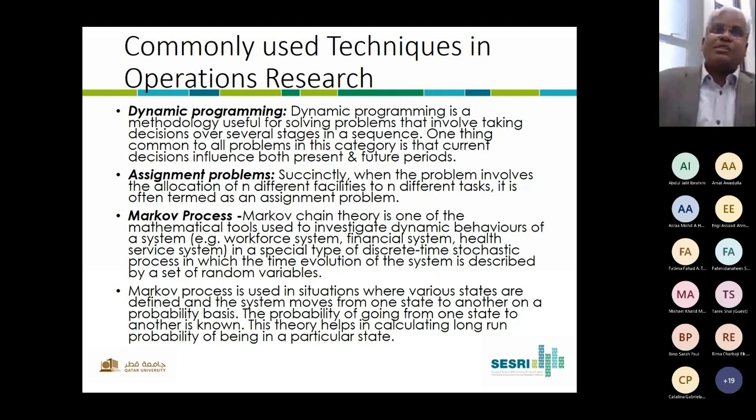The Markov process is used in situations where various states are defined and the system moves from one state to another on a probability basis. Each of the states has an estimated probability of how the program will work. The probability of going from one state to another is known. This theory helps in calculating the long-run probability of being in a particular state.